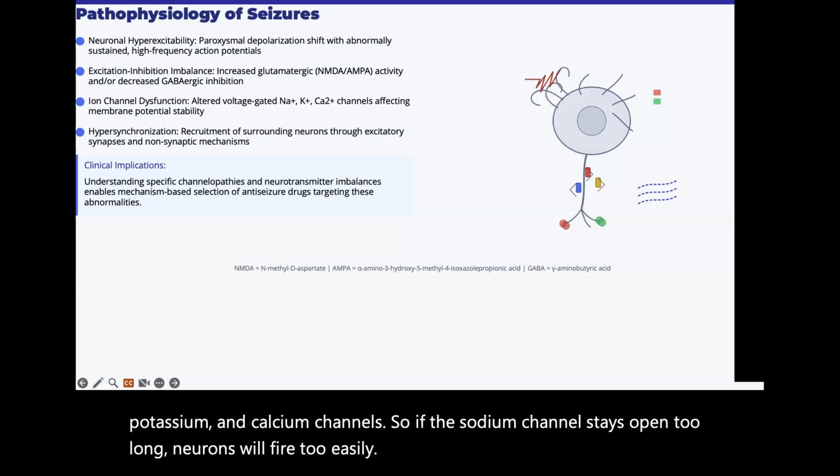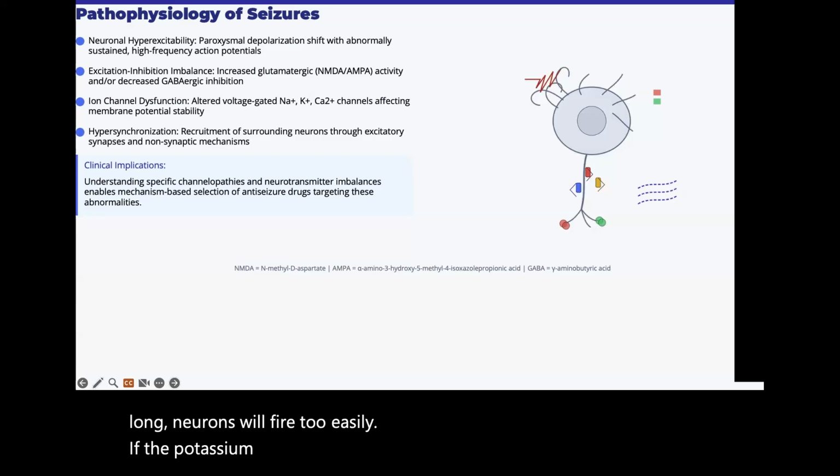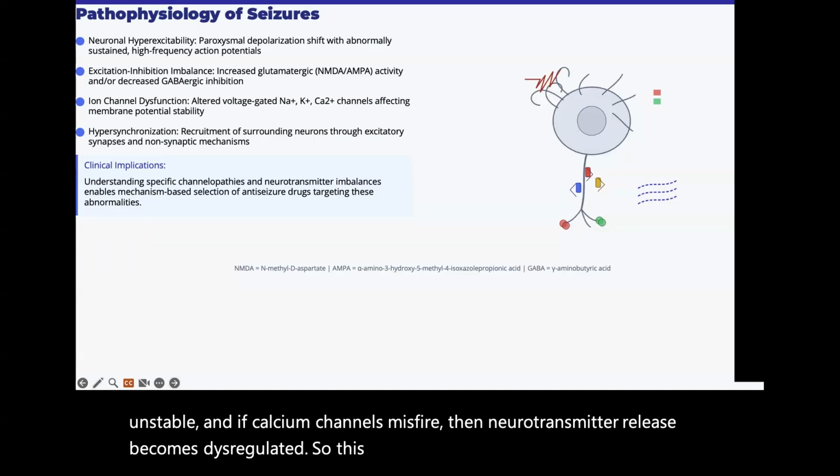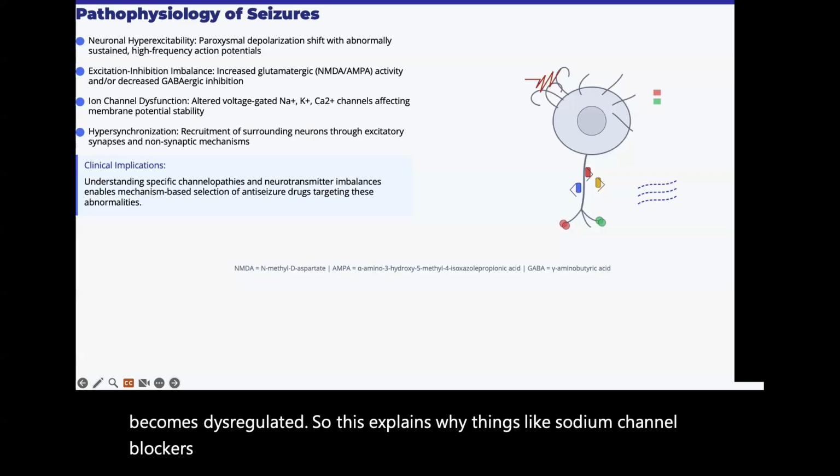If the potassium channels don't repolarize the membrane, firing becomes unstable. And if calcium channels misfire, then neurotransmitter release becomes dysregulated. So this explains why sodium channel blockers like carbamazepine, phenytoin, lamotrigine are so effective for focal seizures.